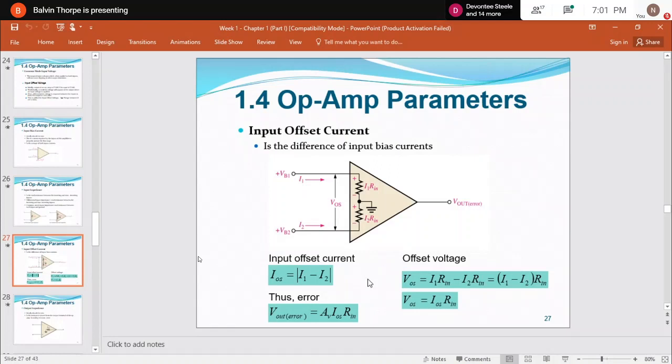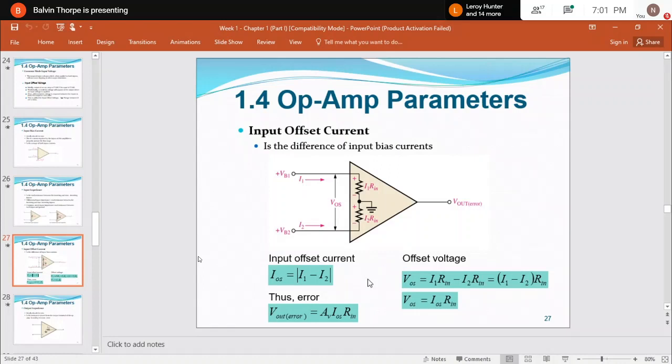Again, we're going to look at that in detail. The information is actually already on the group page, in the classroom, but we're going to look at it in detail. Otherwise, the operational amplifier is operated with feedback.